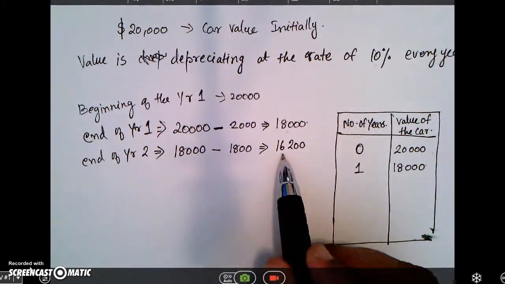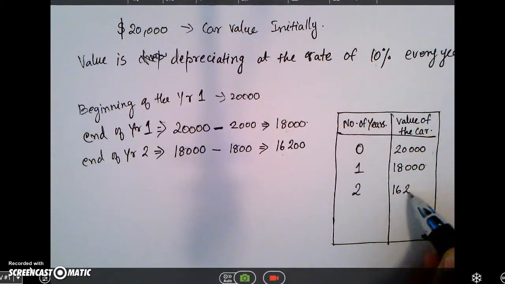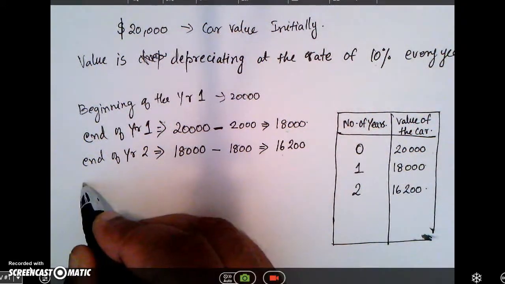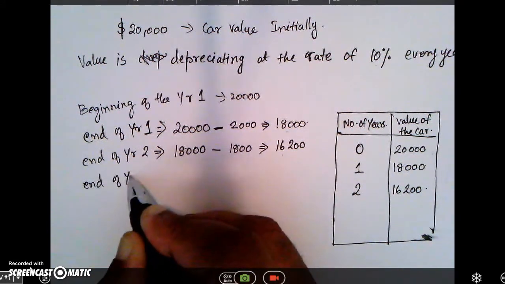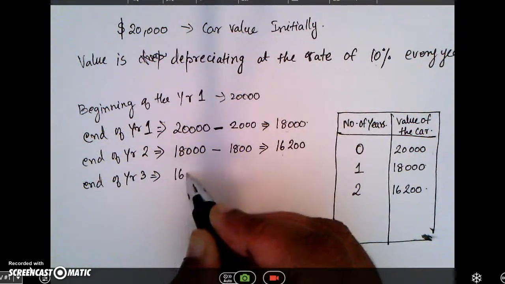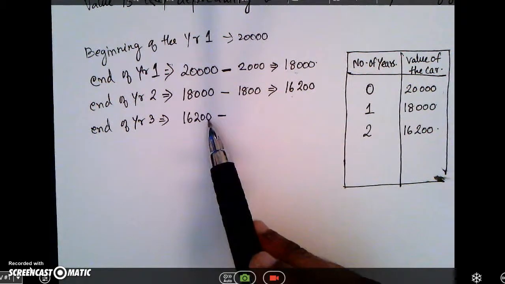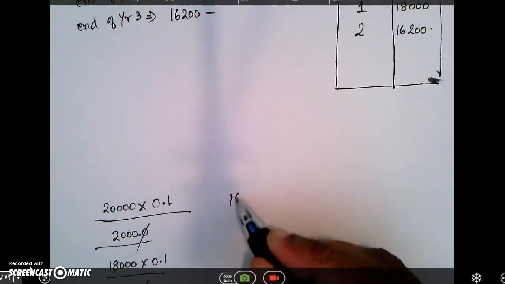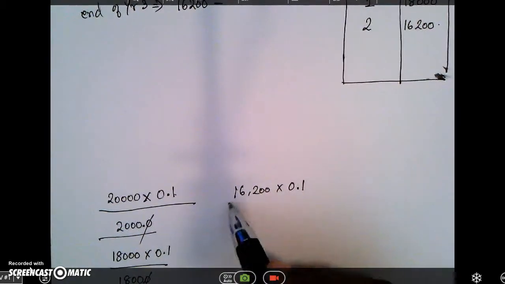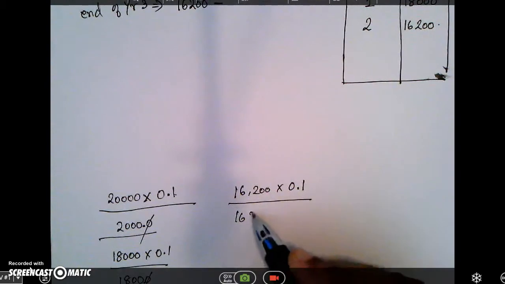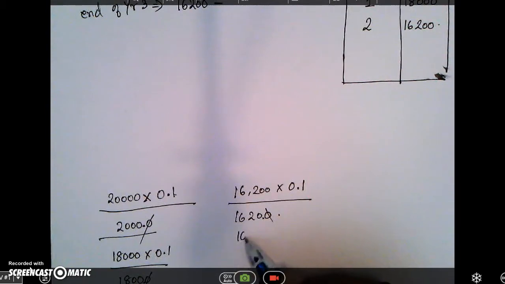Now beginning of year 3 is 16,200. So end of year 3, 16,200 minus another 10% of this value now. So 10% of 16,200. We got 1,620.